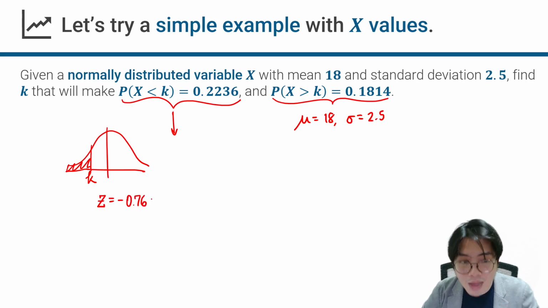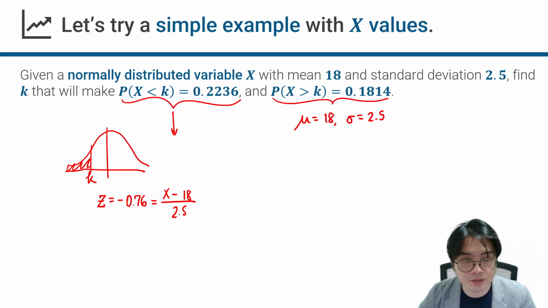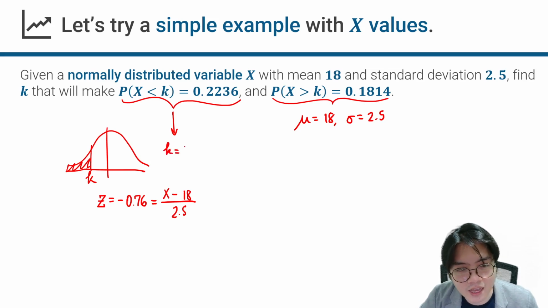You're going to have to backtrack because you need to find the x value, not the z value. X minus 18 all over 2.5. Of course, you can just solve this using your calculator. Negative 2.5 times 76 plus 18. You will have 16.1. K is equal to 16.1 over here.